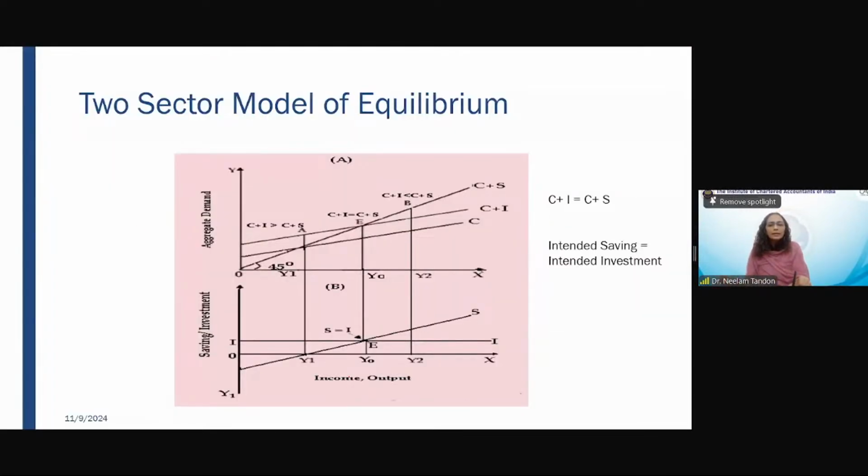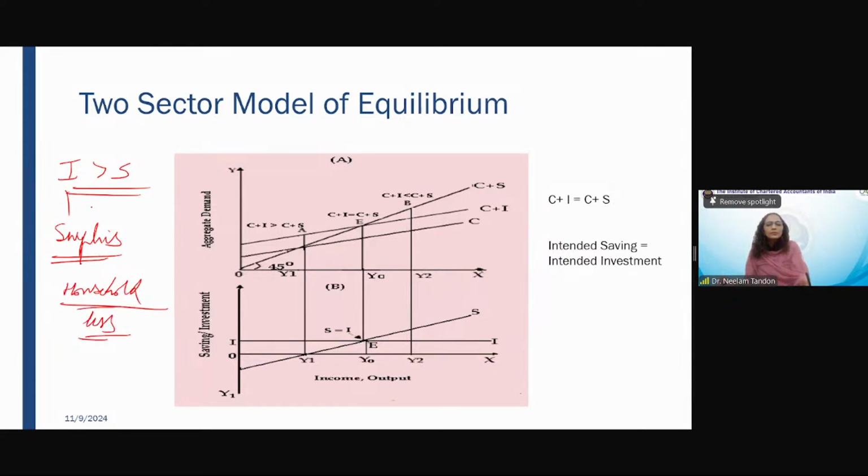In the lower panel, to the left side of E, investments are greater than savings. What does it mean? It means corporate thought that consumers would have demand, and they have produced surplus. So they have produced more, and the actual demand by households is less.